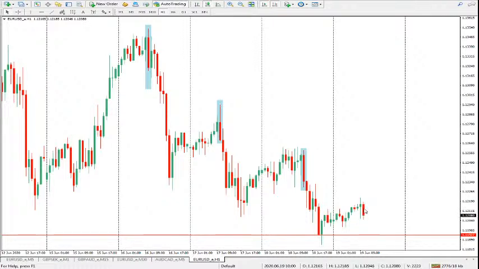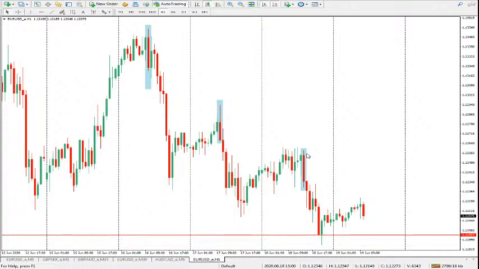So what should happen now is for this candle to close below the low of the previous candle. Like on Tuesday, this red candle closed below the low of the previous one. On Wednesday, the same red candle closed below the low of the previous one.